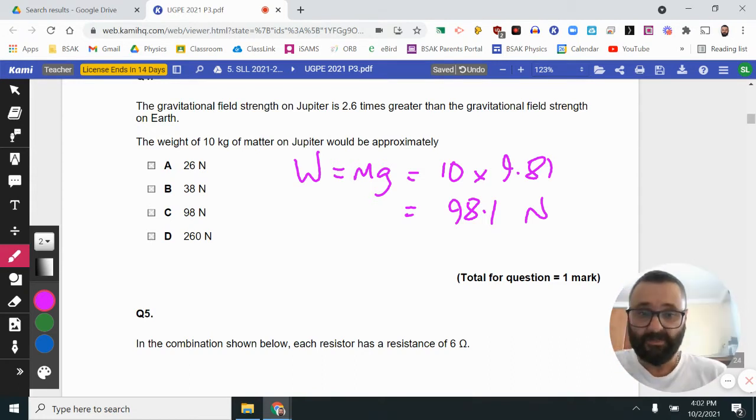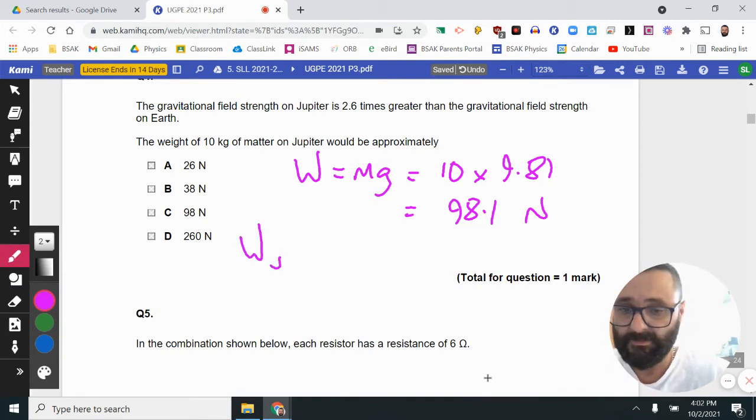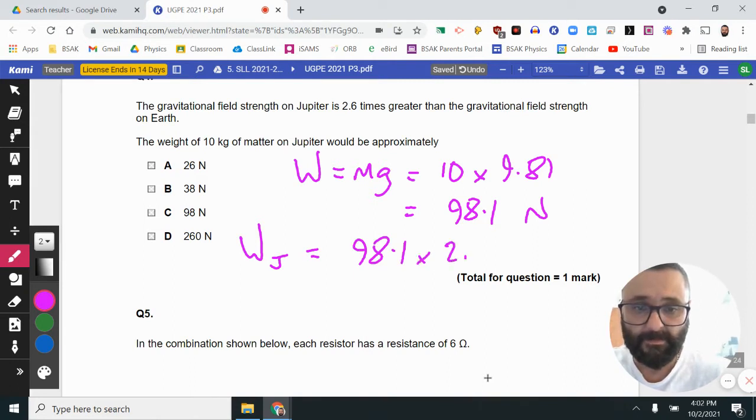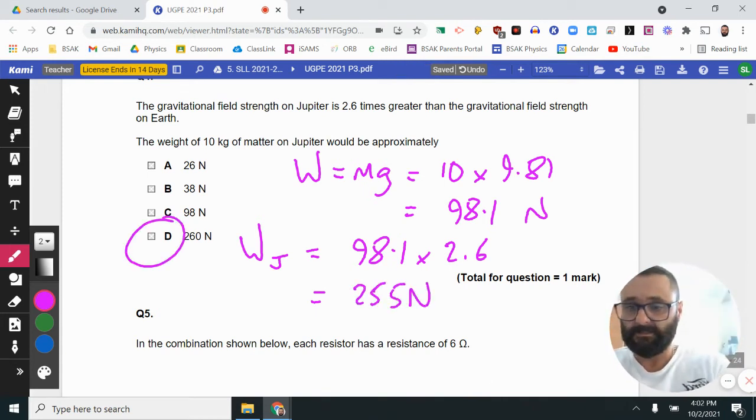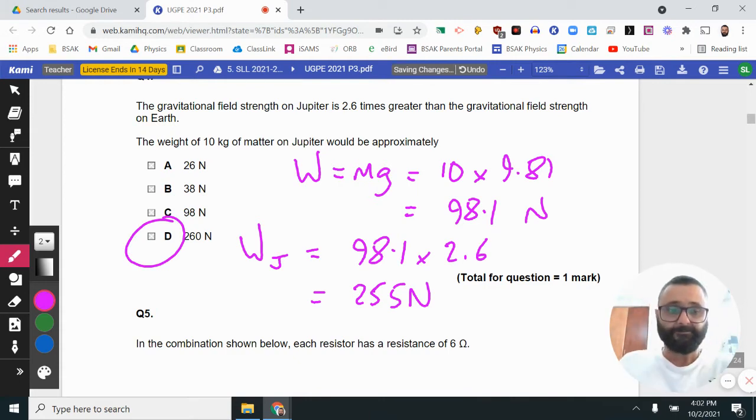We're told Jupiter has a gravitational field strength 2.6 times larger. So on Jupiter, WJ, we've got 98.1 times 2.6. That's coming out at 255 newtons. That's the closest one there, D.